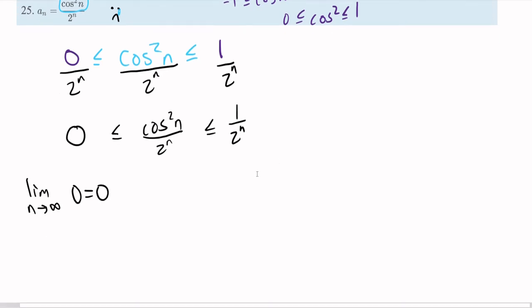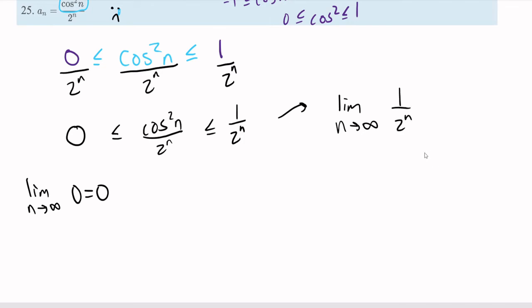Cool. What about this one? Well, let's do this. The limit as n goes to infinity of 1 over 2 to the n. Okay. Well, you've got a bunch of different ways to do this. You could use theorem 2 again and rewrite this as the limit as x goes to infinity of 1 over 2 to the x.